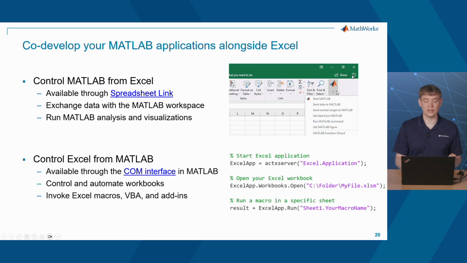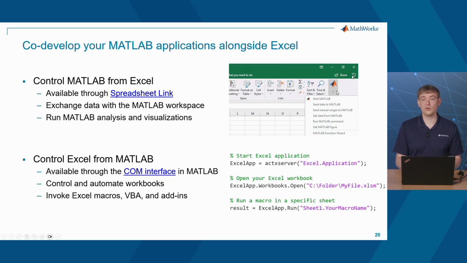You can also go the other way, and you can control Excel from MATLAB. This is great if you want to start building new applications in MATLAB, but you want to reuse existing work you've already done in Excel without manually recoding it. You can do this through what's called the COM interface in MATLAB, which is an interface that lets you connect MATLAB to other applications that follow the COM standard.